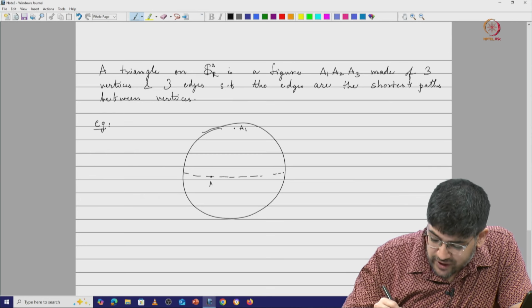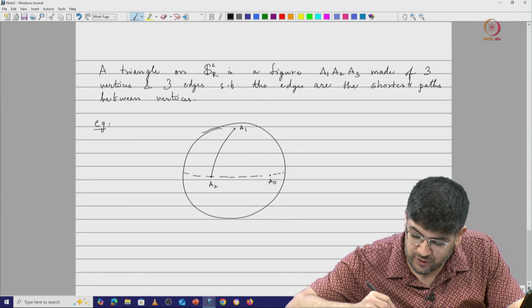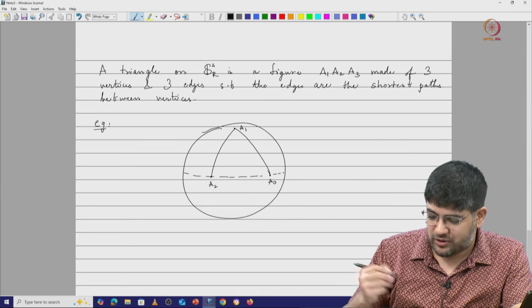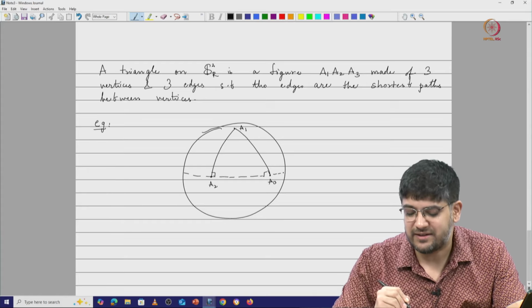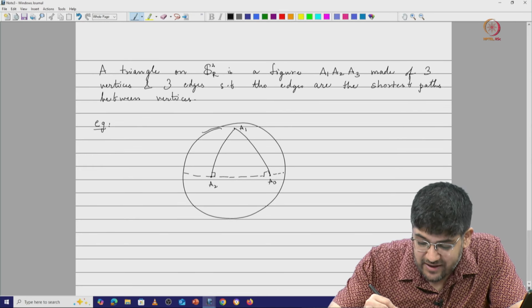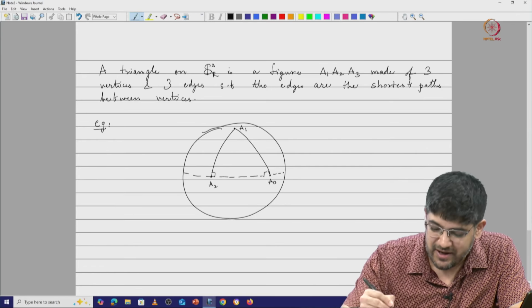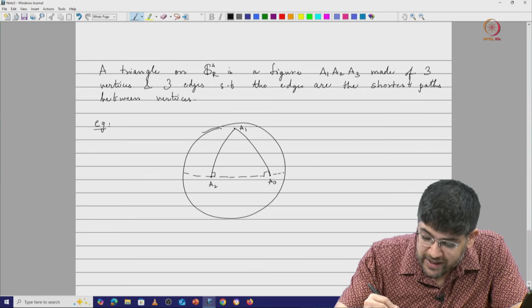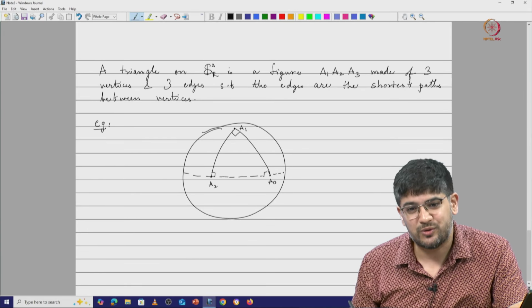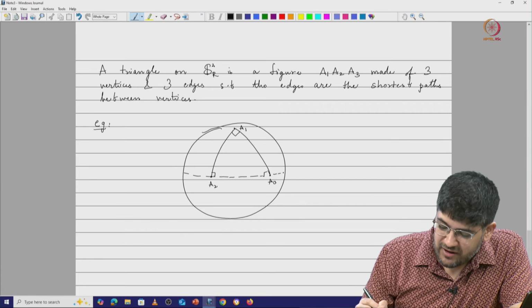Let's take 2 of the other vertices on the equator, and join them by longitudes or meridians, such that the angle that they make with the equator is 90 degrees. The angle with the equator will always be 90 degrees because that's basic geometry, but we choose the points A2, A3 so that this angle is also 90 degrees.